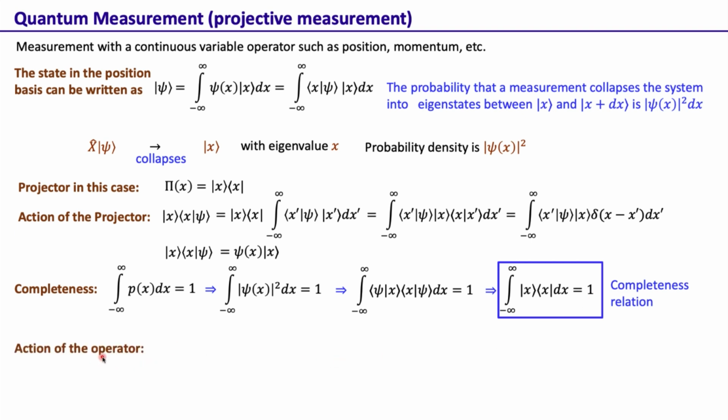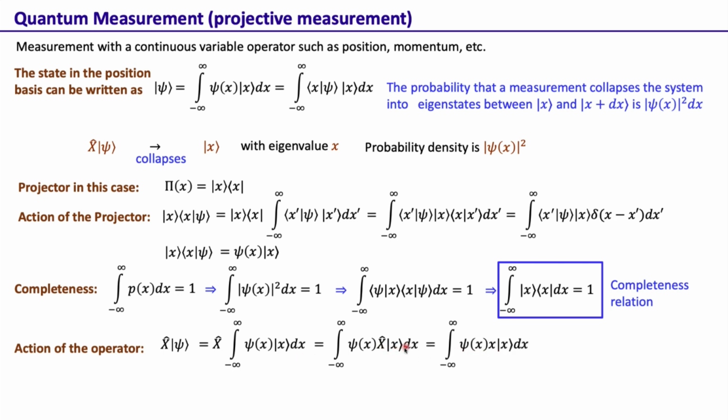Okay, now we can write again the action of the operator x on ψ, which we write as the integral of ψ(x) x |x⟩ dx. We can bring this x inside because that's just a function, and the operator x acting on this ket just keeps it as is, since it is an eigenket, and we get the eigenvalue out.